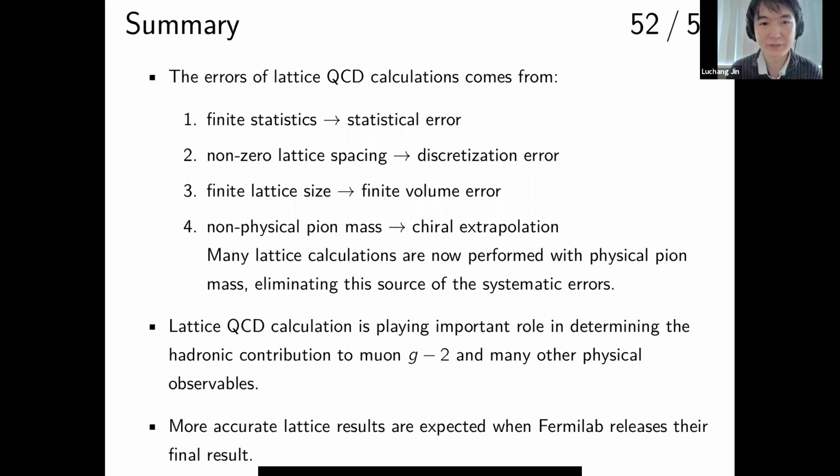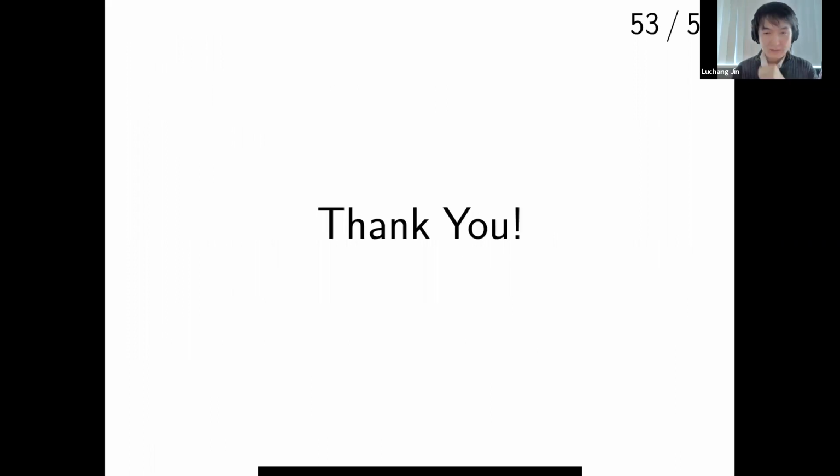So for the lattice errors, we have statistical error, discretization error, finite volume errors, and sometimes, if we are doing a non-physical pion mass calculation, we have chiral extrapolation errors. Lattice QCD is starting to play an important role in determining muon g-2, and we can expect more results when Fermilab releases their final results, so we can resolve the puzzle, hopefully. Thank you very much.